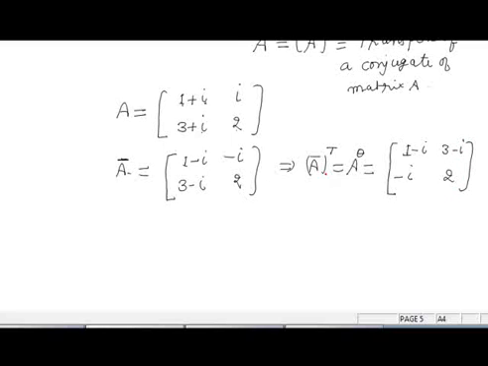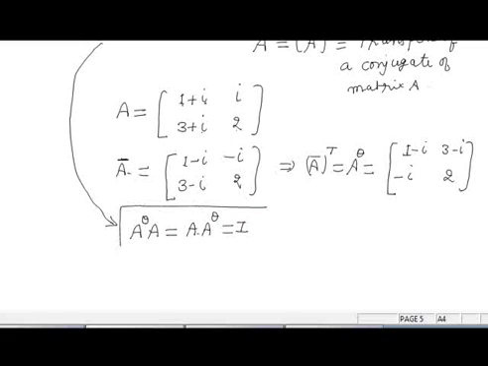So this is just an example which I have shown to let you know what A theta means. But the unitary matrix is defined as A theta into A, or otherwise A into A theta. When this will be equal to I, then the matrix is called the unitary matrix.